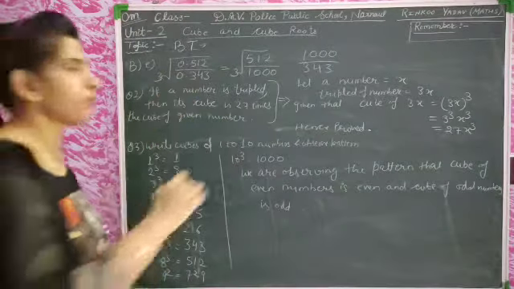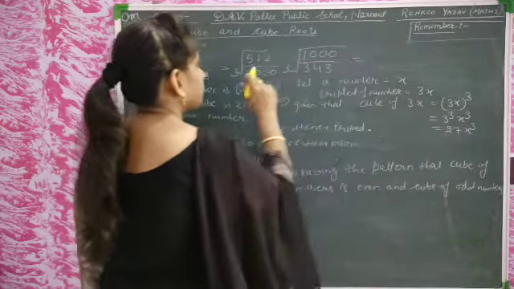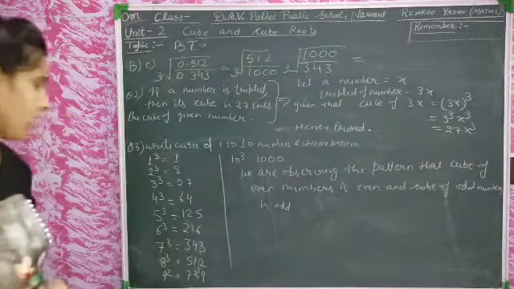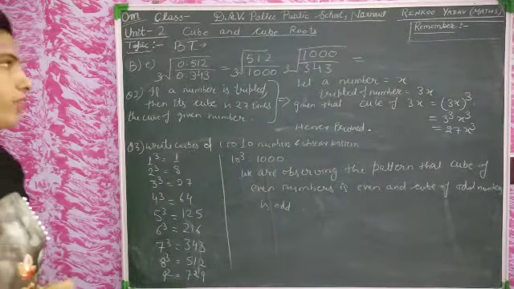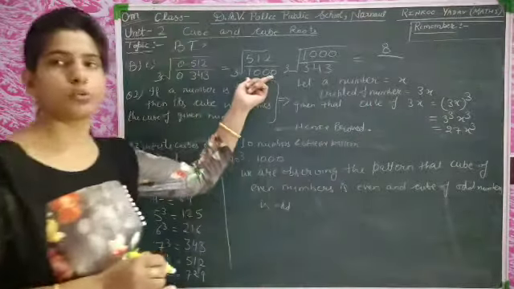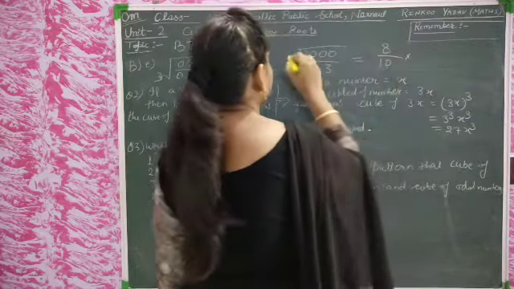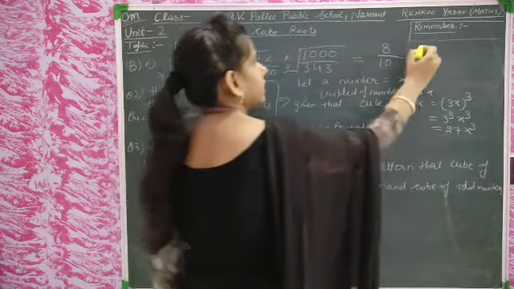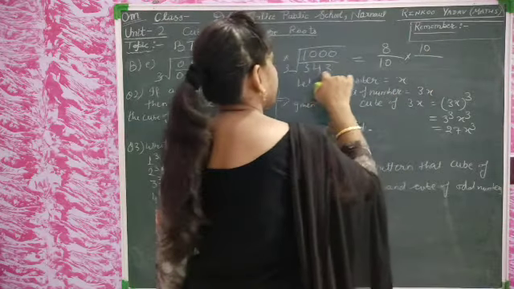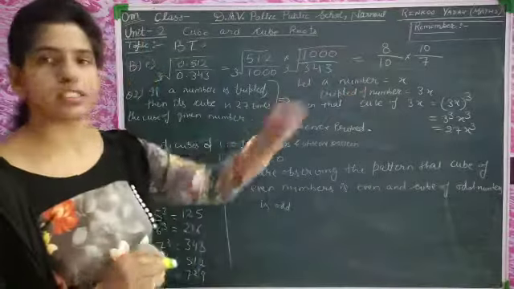So we will get the cube root of 512, which is 8, divided by the cube root of 1000, which is 10, and 343 is the cube of 7, so its cube root is 7.